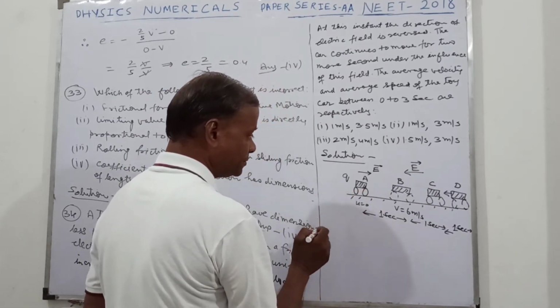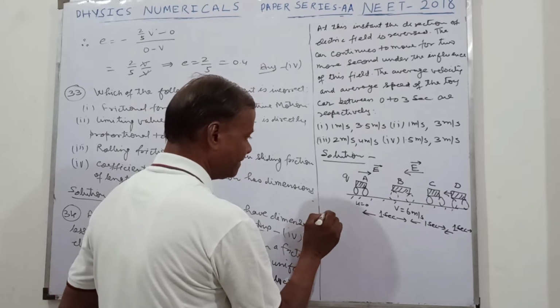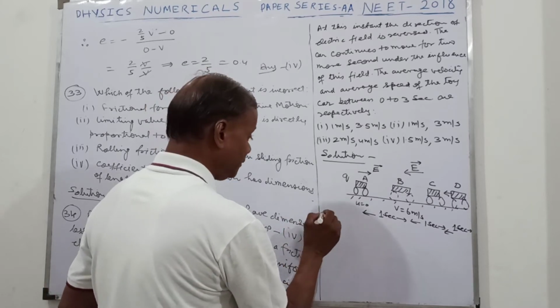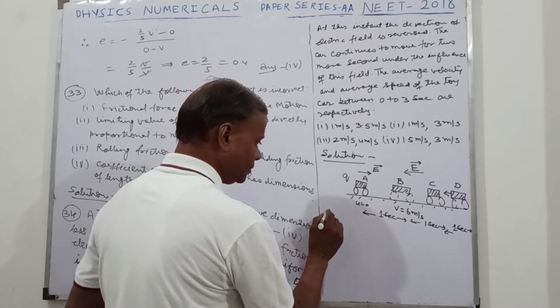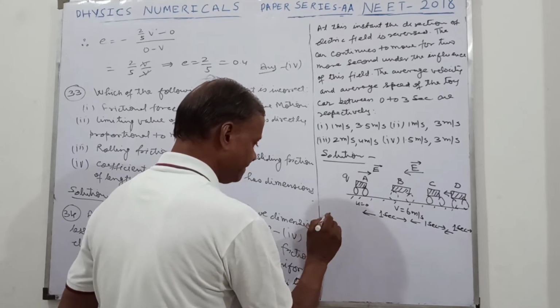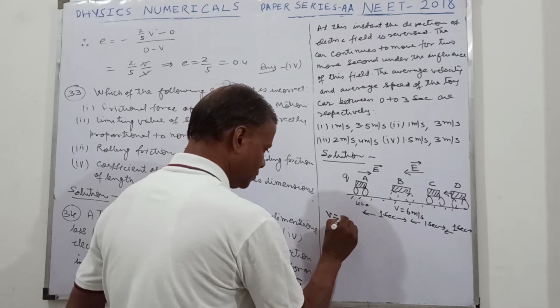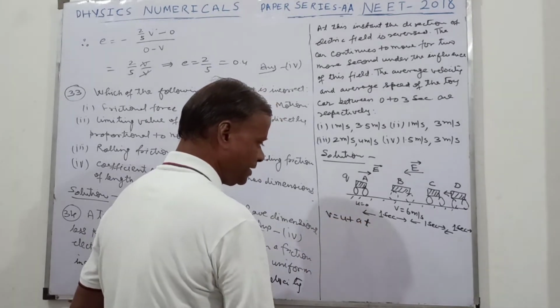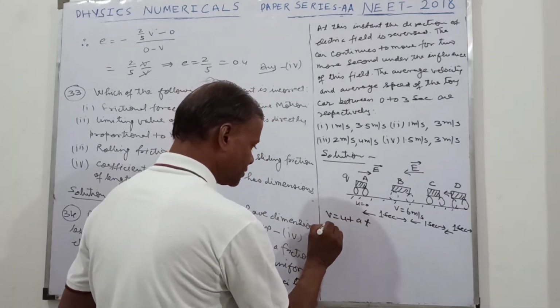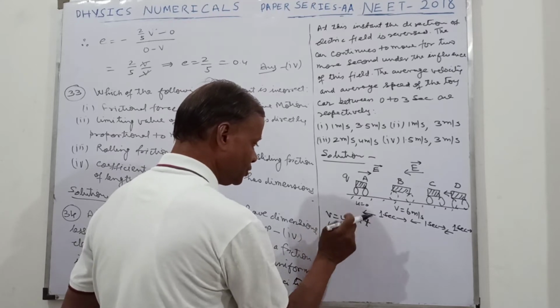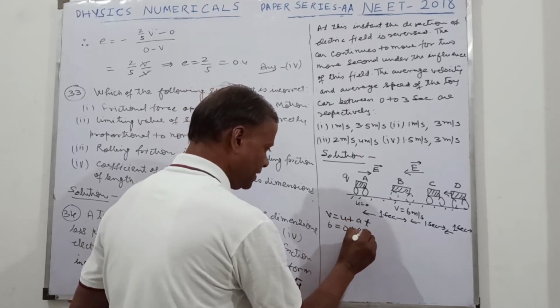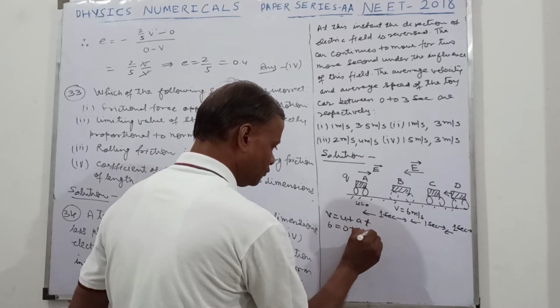So what happens? First, we will find the acceleration. Using the first equation, v equals u plus at. Now v is given to be 6, u is equal to 0, and t is 1.